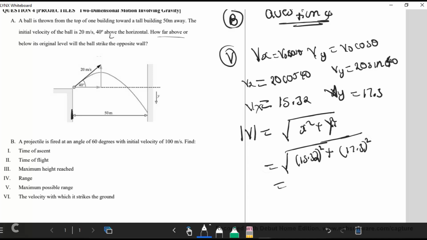So your answer will be in this way: the square root of 15.32 squared plus 17.32 squared.